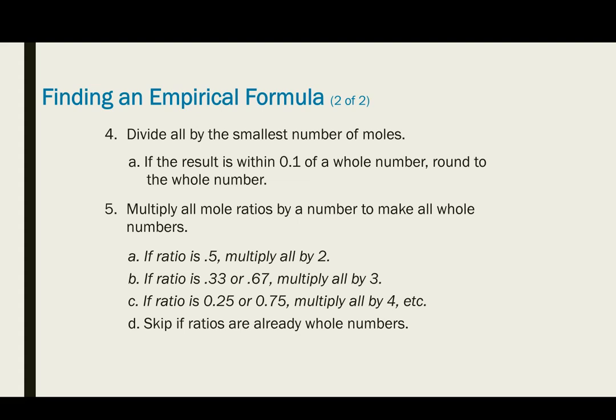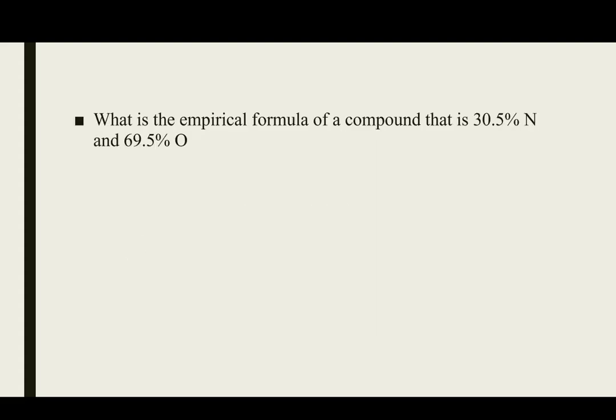If it is not within a tenth of a whole number, you need to multiply to get to a whole number. So for example, if the ratio is 0.5, you'd multiply all by 2. If the ratio is 0.33 or 0.67, those are thirds, so you'd multiply by 3, so on and so forth. So we're going to follow those steps as we solve this problem here.